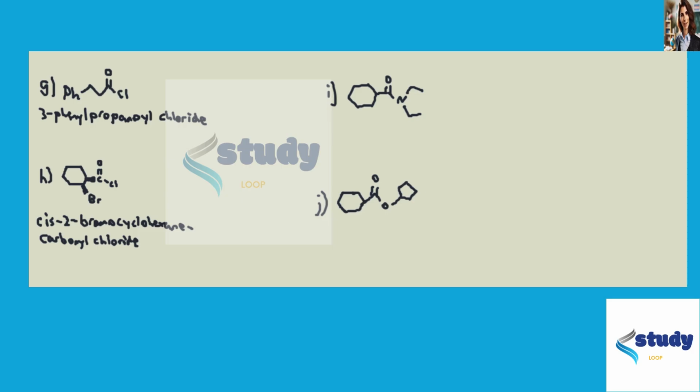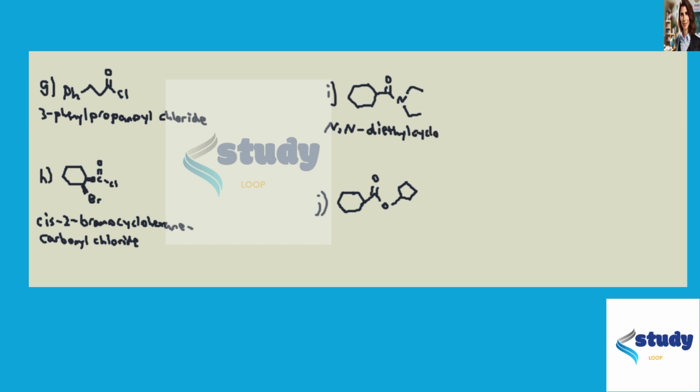So for I, we have another amide. So remember, we're going to start with what is on the nitrogen of the amide. So in this case, there's 2 things on the nitrogen. So it will be N,N-diethyl for the 2 ethyl groups on the nitrogen. And then we'll just name the rest of it.